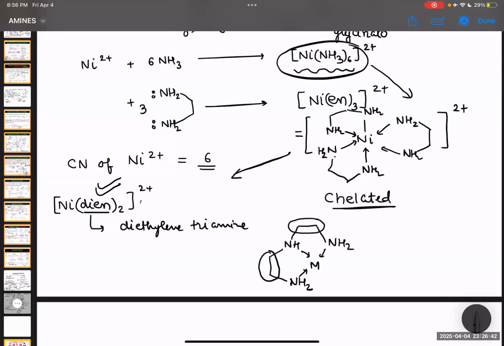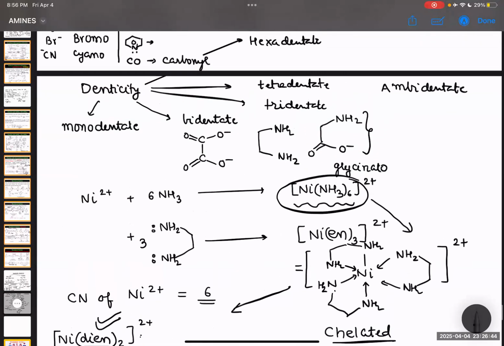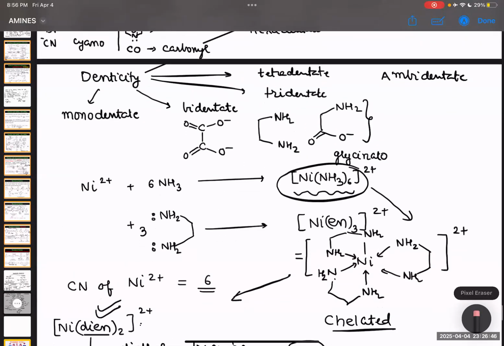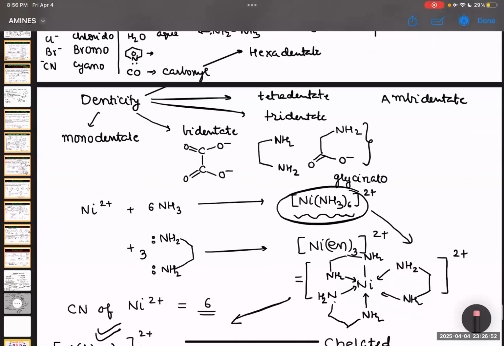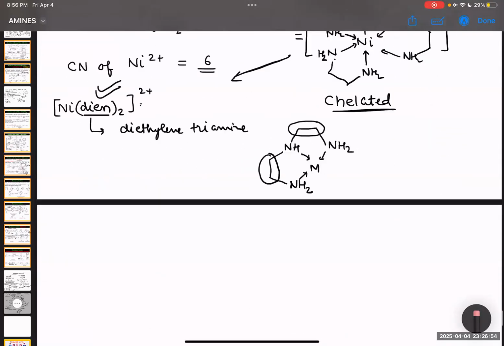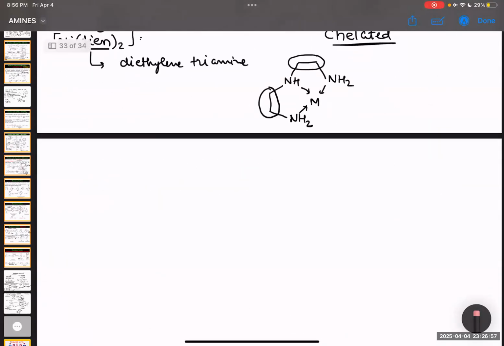Okay, and there are ambidentate ligands also, right? Ambidentate, what are ambidentate ligands? Any idea? What do you mean by ambidentate?